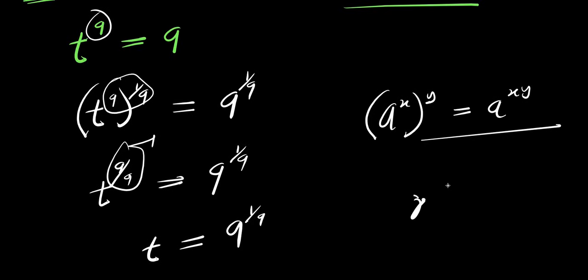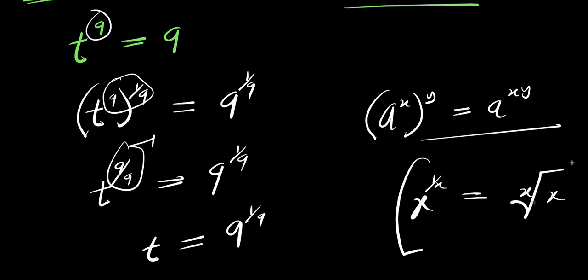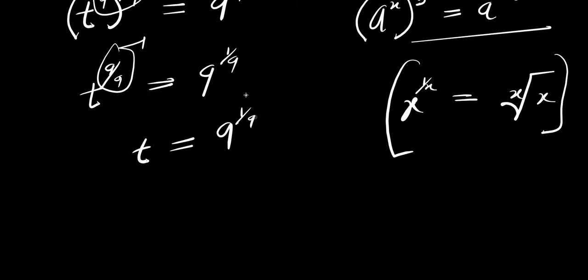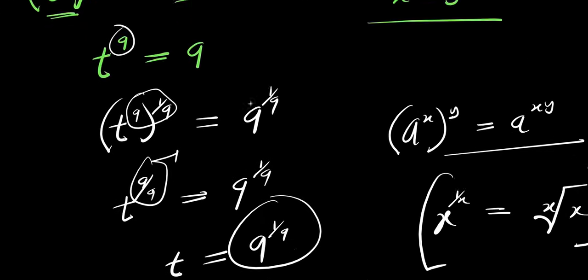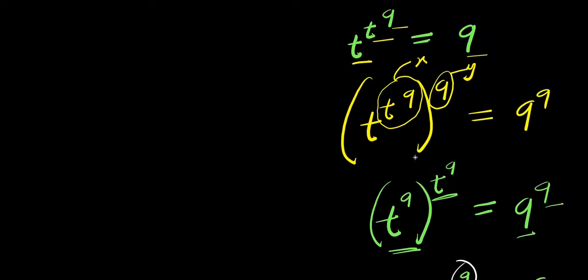And if you have x^(1/x), this equals the x-th root of x. So applying that here, I'll have t equals the 9th root of 9, and that is it. So guys, this is one way of solving this exponential problem.